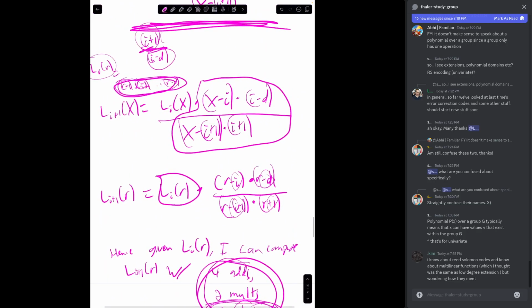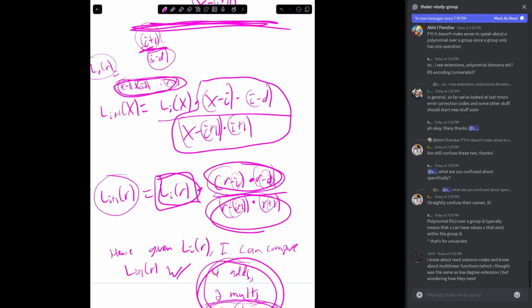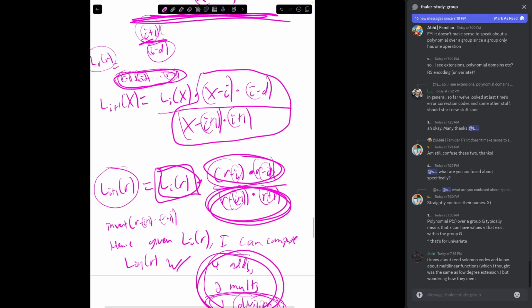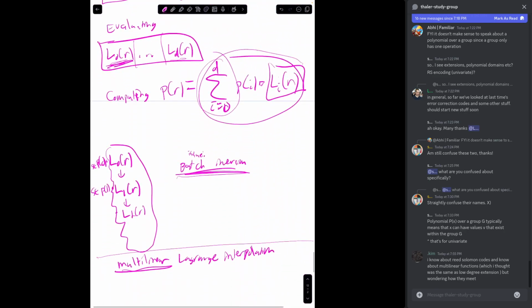So when, given Li of r, I want to figure out what is Li plus 1 of r, I just multiply by these two field elements, and then multiply by the inverse of the product of these two field elements. If r turns out to be equal to one of these i's that we have, then we just need to start this over with another basis, or with another r, another random element.